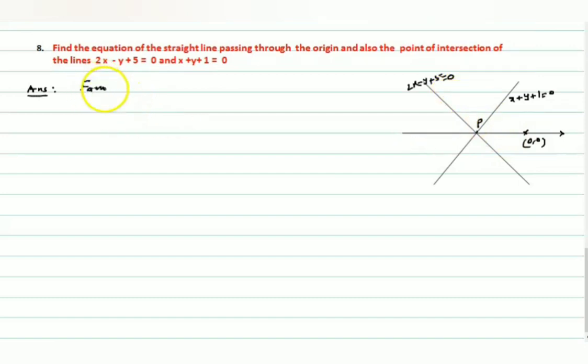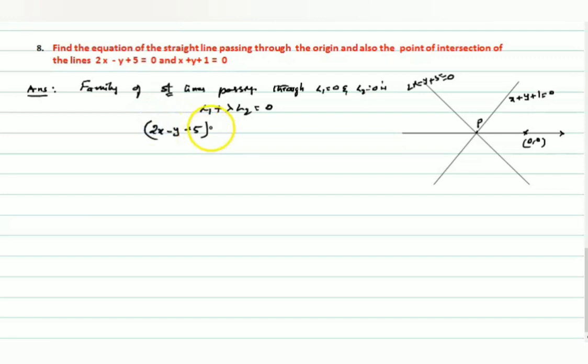So there is a family of straight lines passing through L1 is equal to 0 and L2 is equal to 0, which is L1 plus lambda L2 is equal to 0. That is, here L1 is 2x minus y plus 5 plus lambda into L2, x plus y plus 1 is equal to 0.